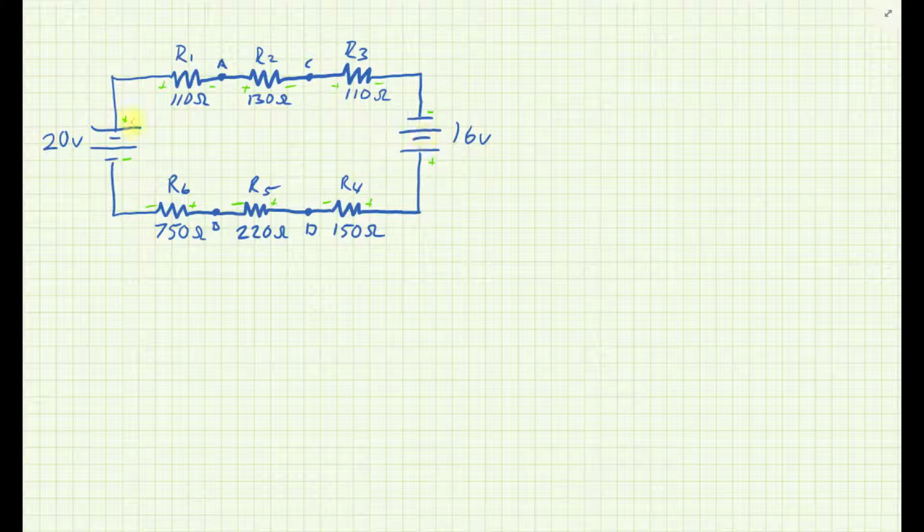So just to go over that again, the 20 volt supply provides polarities plus minus, plus minus, plus minus, right? And then if I look at the 16 volt supply going backwards on R3, minus plus, minus plus, minus plus. So it is the same for both supplies.